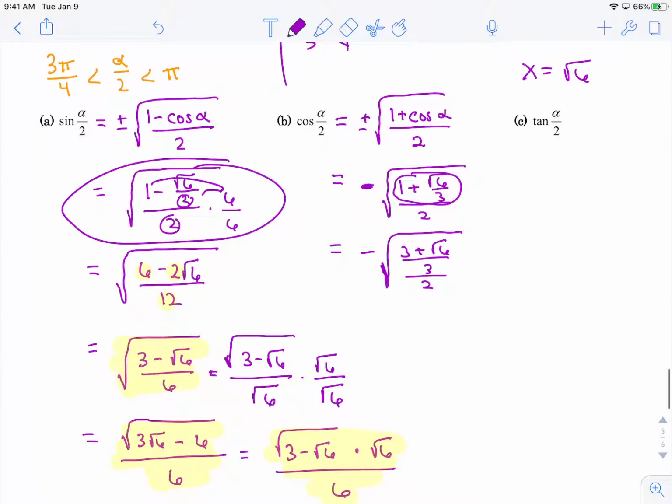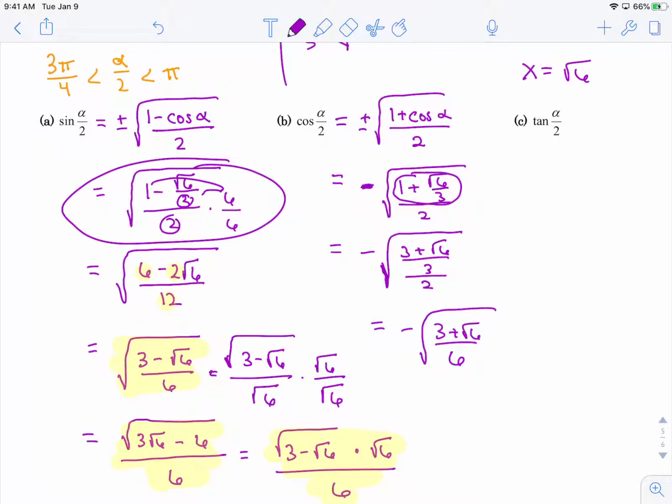And then that 3 and that 2, because I'm dividing, I get 3 plus root 6, negative, and I want this to be over everything, and that goes over 6. So 2 different ways to clean that guy up. And that is your answer.